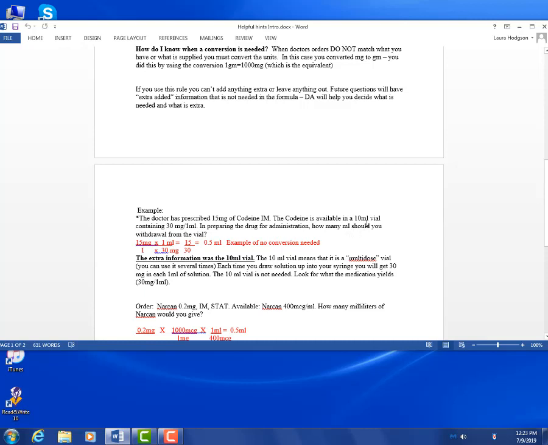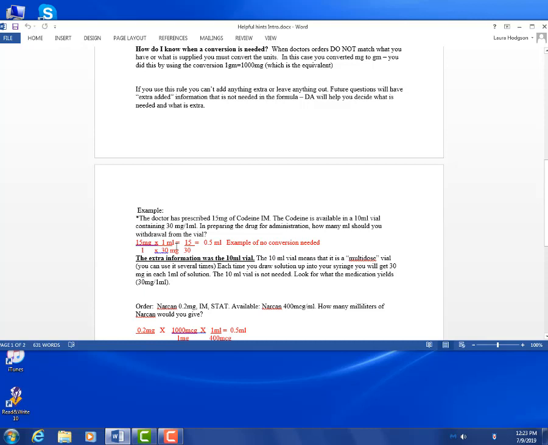So the 10 milliliter vial is extra added information. It doesn't belong in the calculation. It is not needed. It's simply telling you that there's 10 milliliters in that vial, but the only thing you should be concerned about is when you're pulling out your 1 milliliter, how many milligrams that is. So that's given to you in the question.